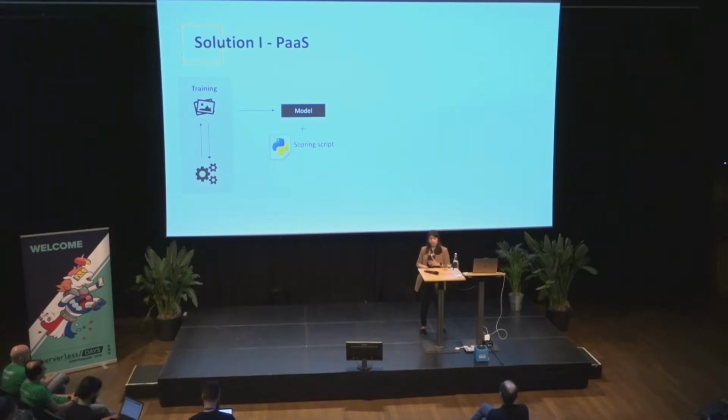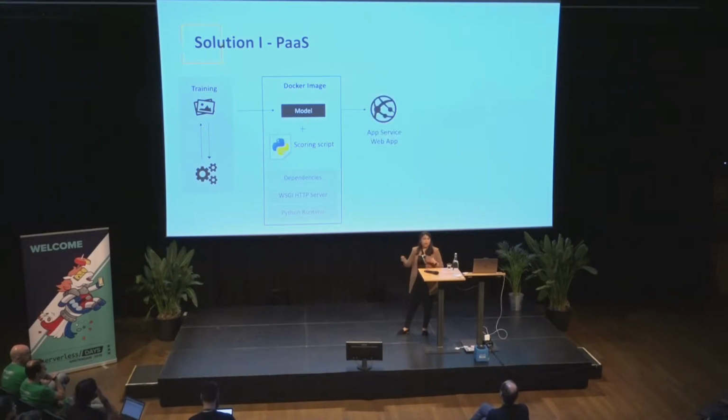Once we've got the scoring script, the next task is to containerize this application, add the right version of the Python runtime, production WSGI servers such as Gunicorn, and any dependencies or packages that are required by our application. Once we've got the container, we can deploy it to multiple instances of App Service, and then we'll likely set up an application gateway to load balance the incoming traffic.